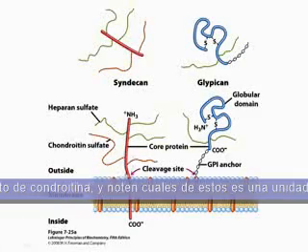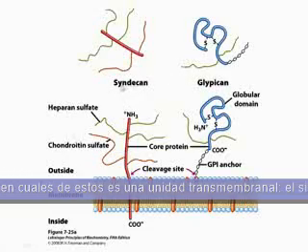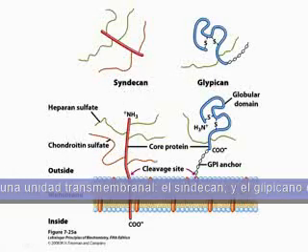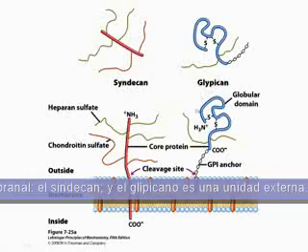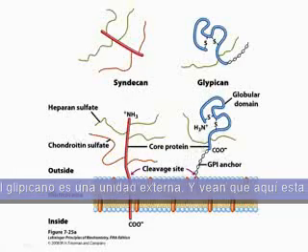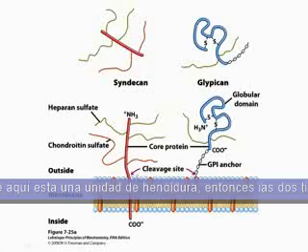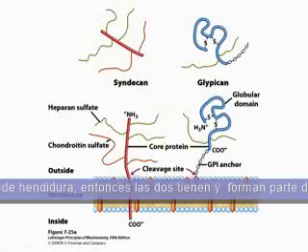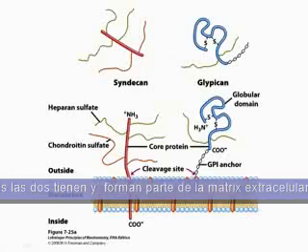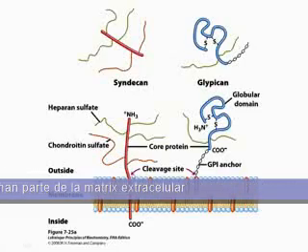Note that the syndecan is a transmembrane unit, and the glypican is an external unit. You see here that this has a cleavage site on it, and so these will both be cleaved, and they will become part of the extracellular matrix.